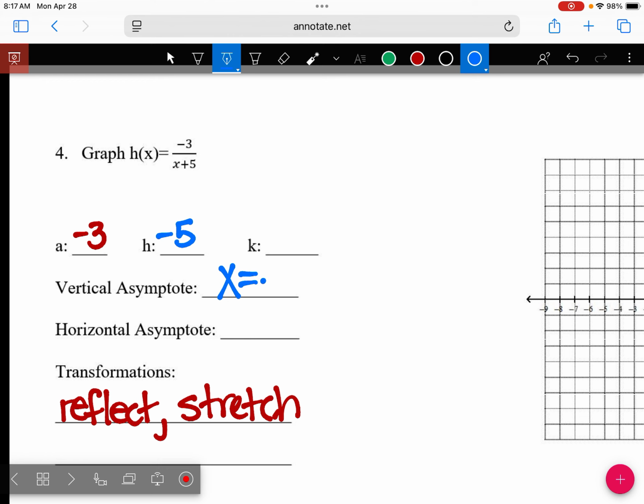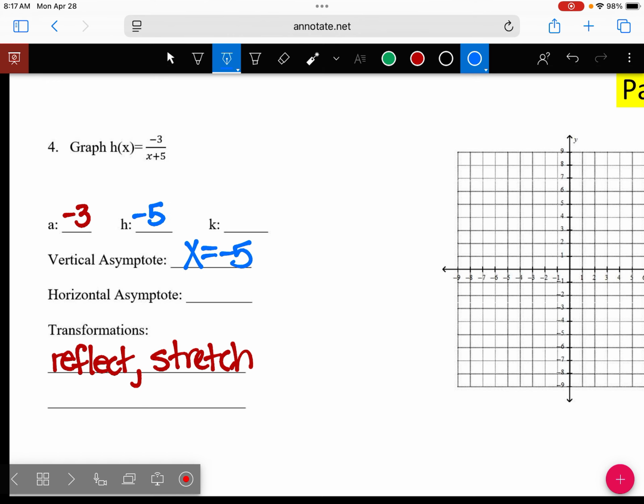So x equals negative 5. I'm going to go ahead and draw that in. So at the negative 5, pick up one of your color pencils, highlighters, draw in a vertical line at negative 5. And that negative 5 is going to move it to the left 5.